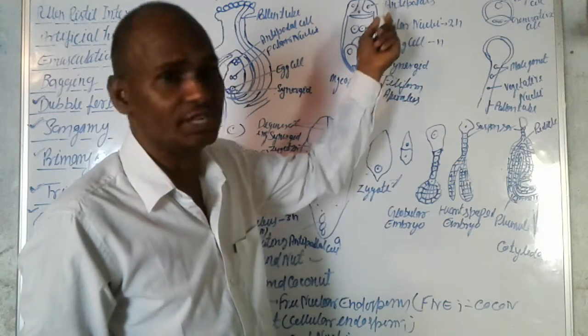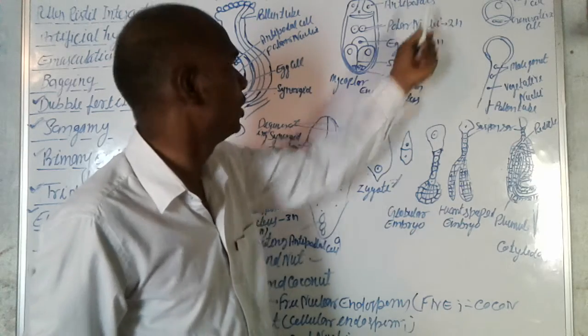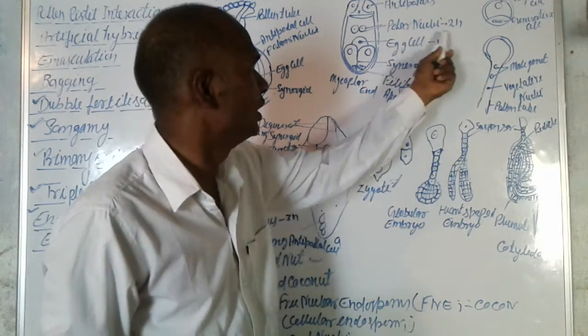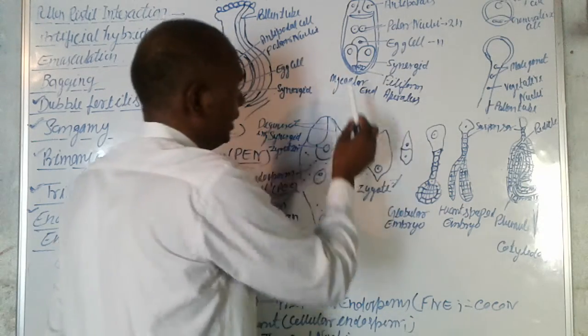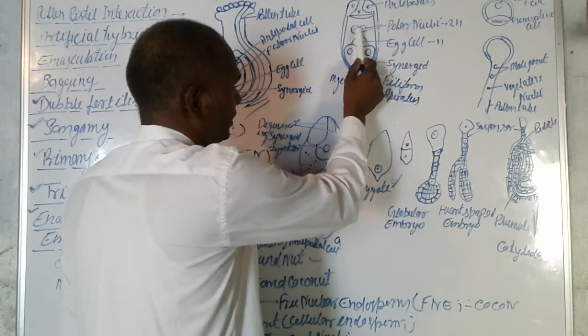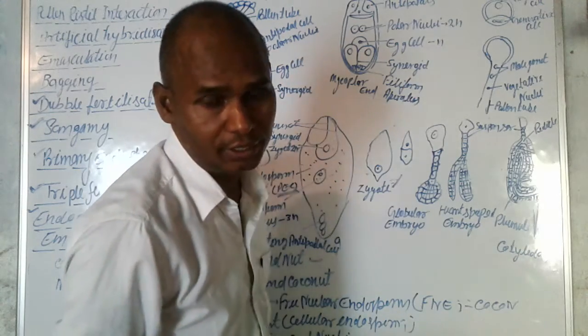This is the antipodal, and this is the polar nuclei. The polar nuclei are 2n: one nucleus and a second nucleus. These are 2 nuclei, so this is 2n.